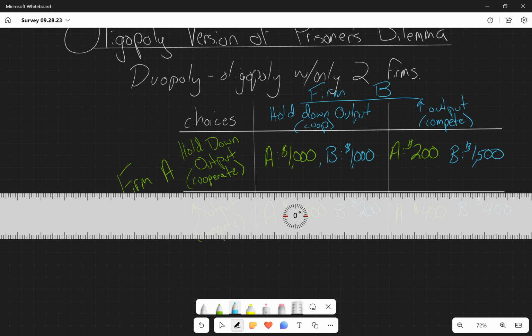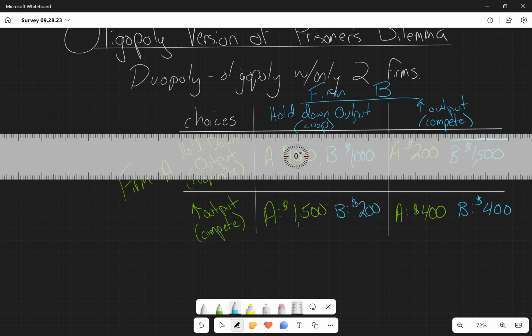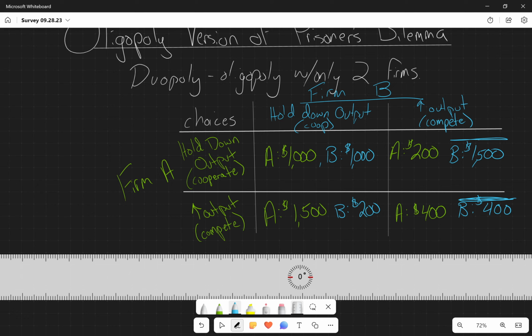We're going to compete. Very good. And then we're going to move this and cover up the other side. And we're going to say, well, what if firm A decides to compete? Are we going to hold output down and get $200, or are we going to compete and get $400? They're going to compete. Very good. And so we find that they have a dominant strategy to compete, right?